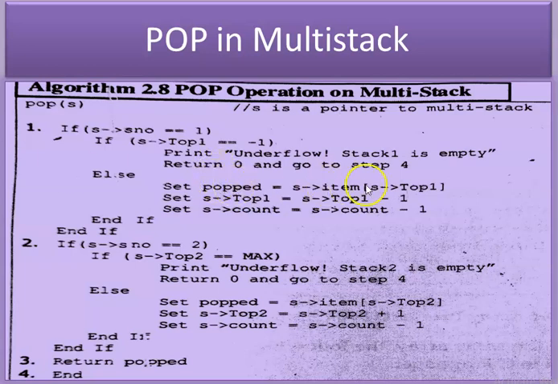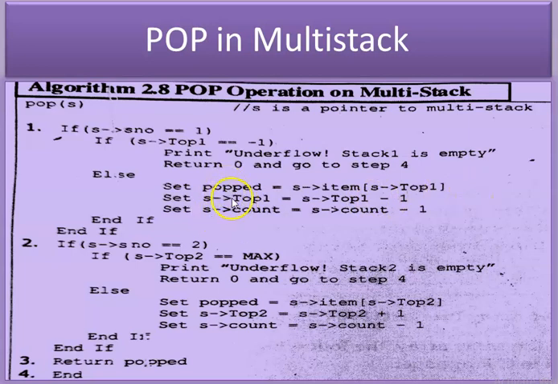We are popping an element and assigning the top element to a variable called pop. Then we are changing the index. How? S of top 1 is made S of top 1 minus 1. This was the normal case we have considered earlier.